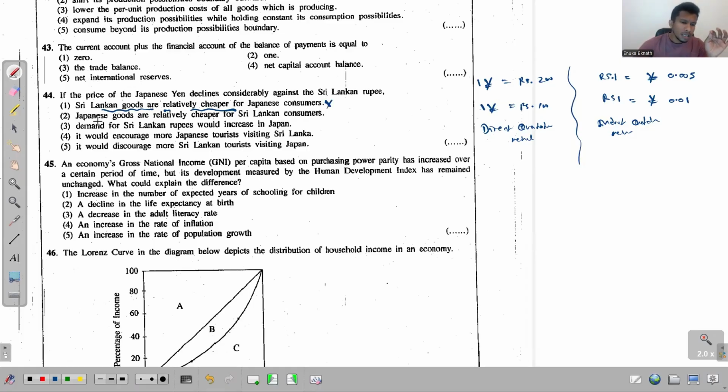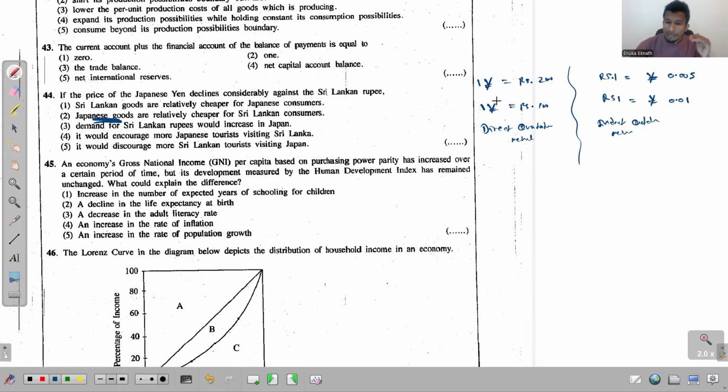The second one, Japanese goods are relatively cheaper for Sri Lankan consumers. Now they just talk about the opposite. See, now it's better if you look at the direct quotation method to recognize whether this is true or false. See, imagine now we were importing Japanese goods.